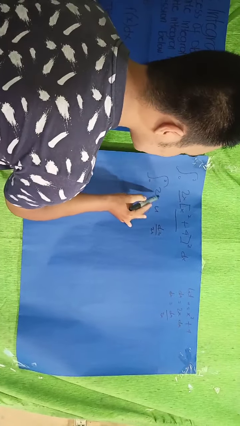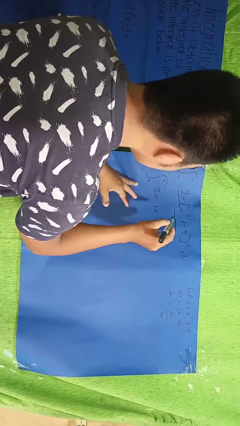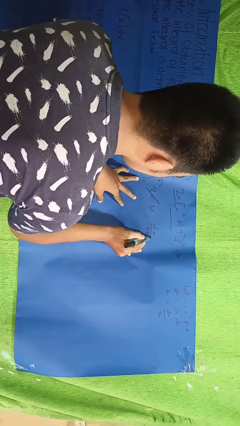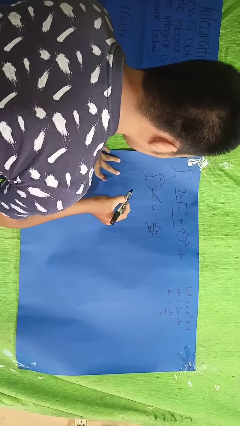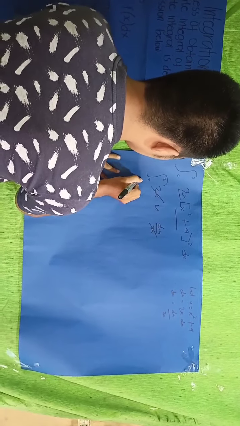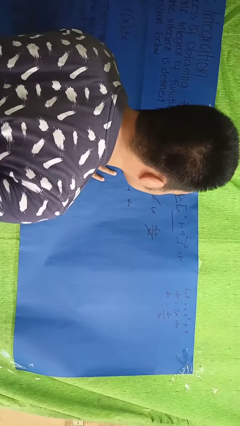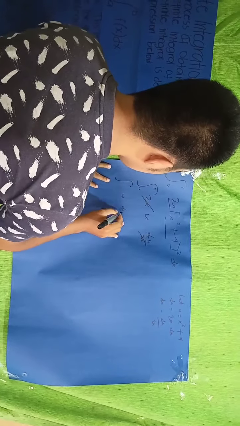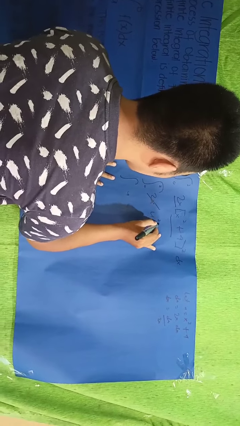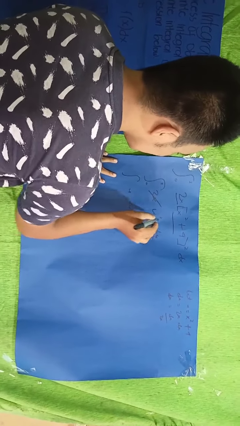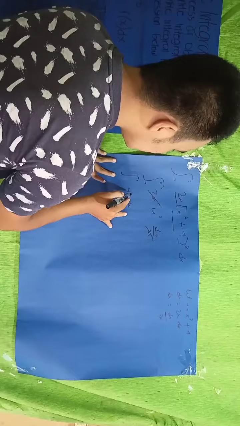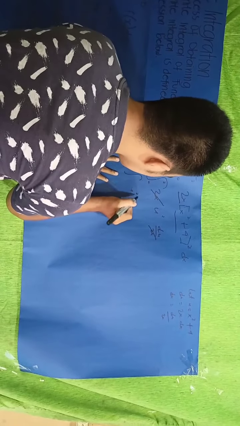Now that we have 2x here and 2x here, we cancel them out. So the remainder will be u du. I forgot the second power here, so we will copy that here.